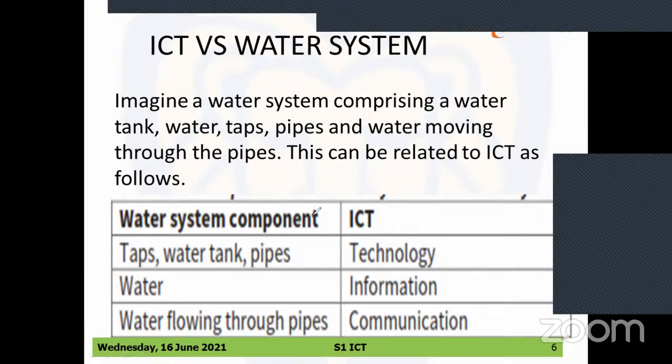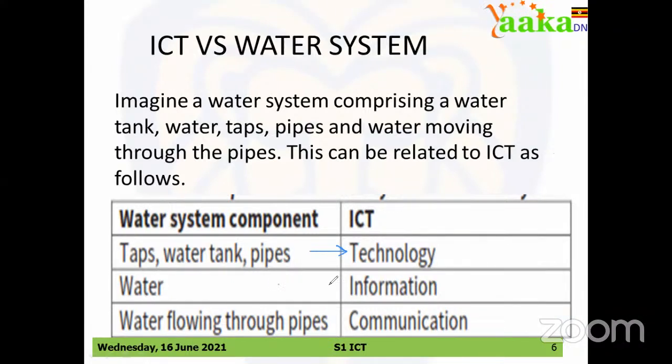Water system, ICT: taps, water tank, pipes is technology. Water is information. Water flowing through pipes is communication.